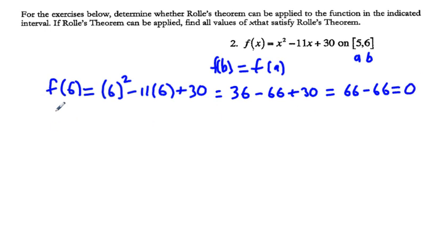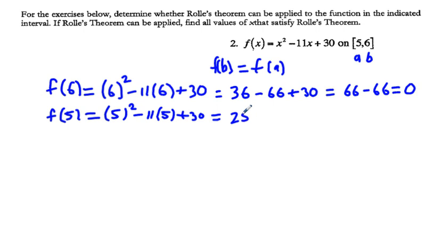Now let's try f of a, which is f of 5 equals 5 squared minus 11 times 5 plus 30. And we get 25 minus 55 plus 30.